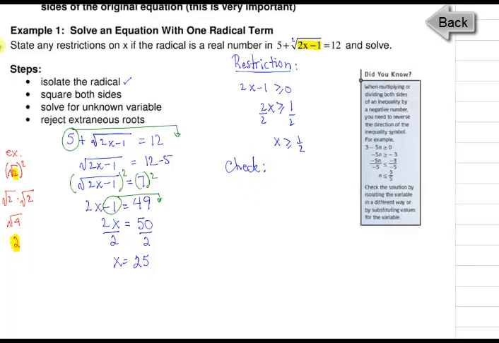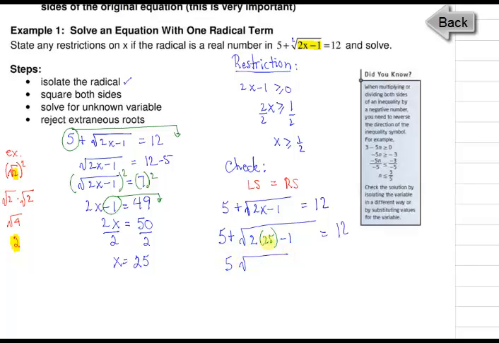You want to show that the left side is equal to the right side. So let's plug our 25 back into the original equation. So we'll write the original equation down. Substitute in 25. Simplify what's in the radical.